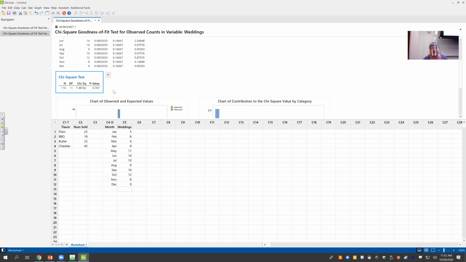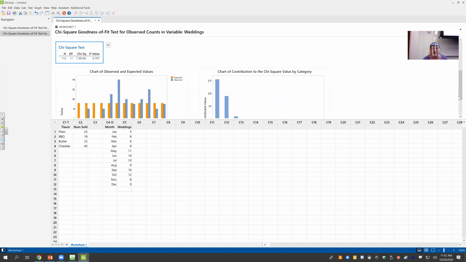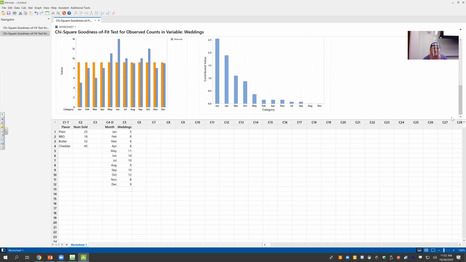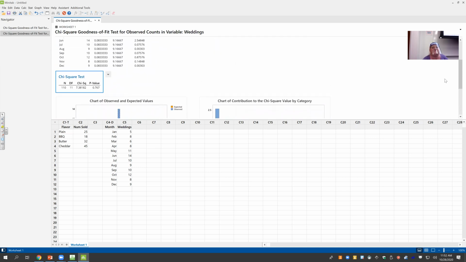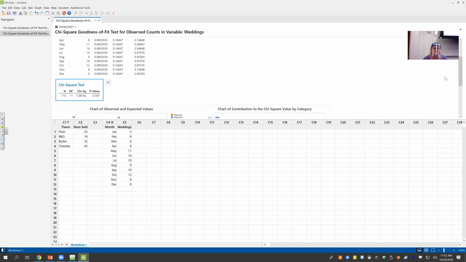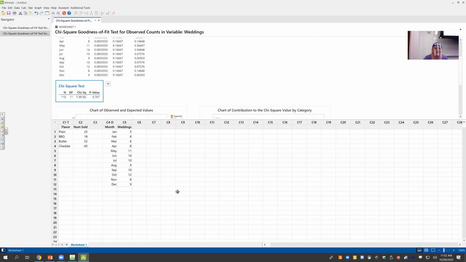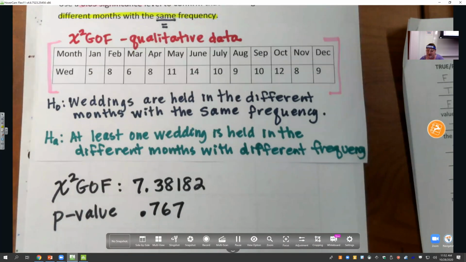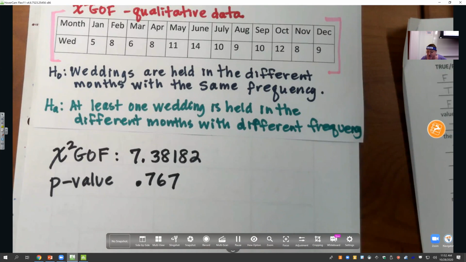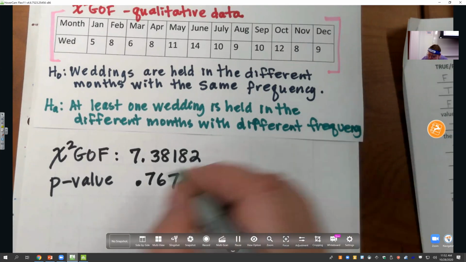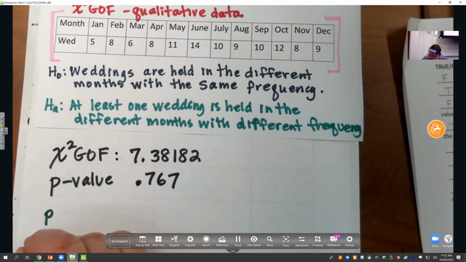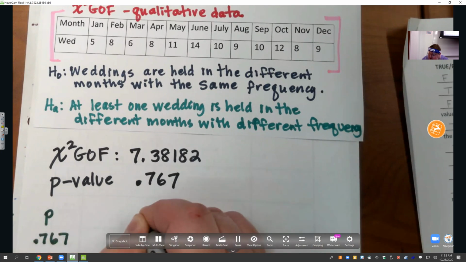So I get that information from Minitab. Now, Minitab, again, gives you lots of stuff here, guys. It can give you some pretty pictures, but we're not getting that far into it, okay? So I've written down my answers from Minitab. Then I have to compare my p-value, which is 0.767, to alpha, which was given as 0.05.